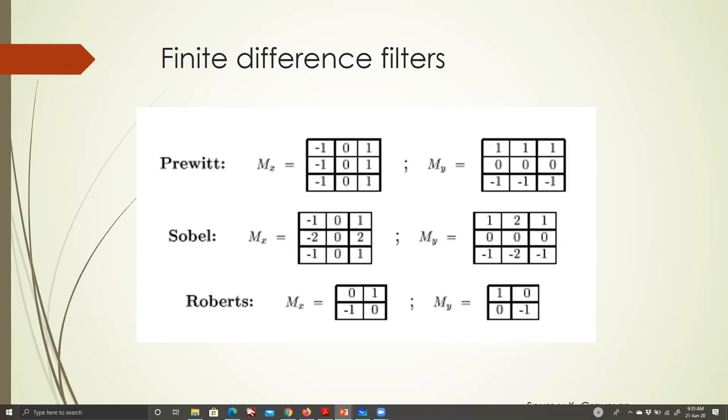What do you see as the commonality between a Prewitt filter and a Sobel filter? Vertical and horizontal orientation. Yes, perfect.